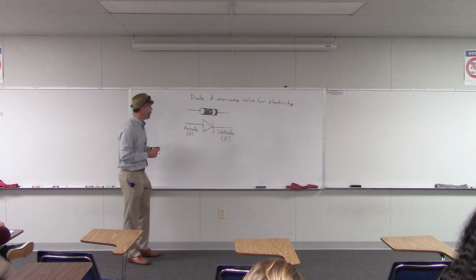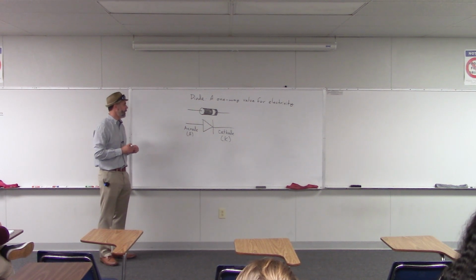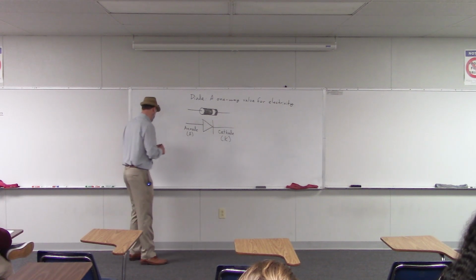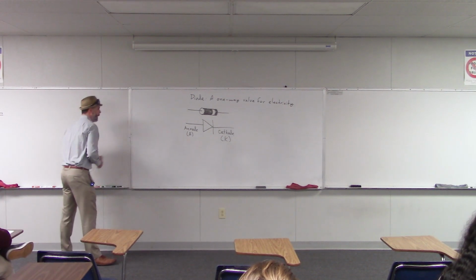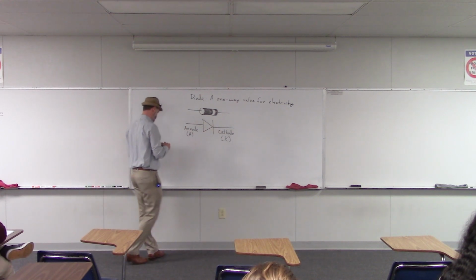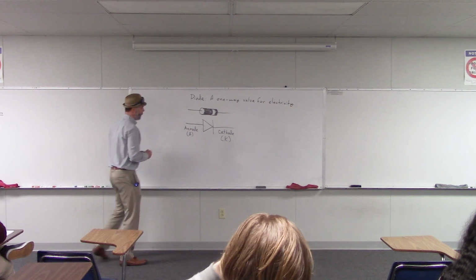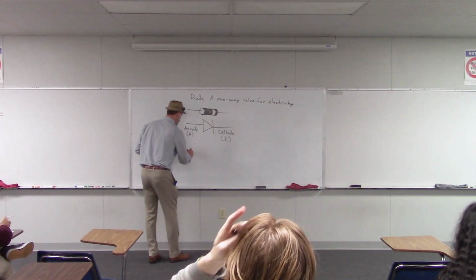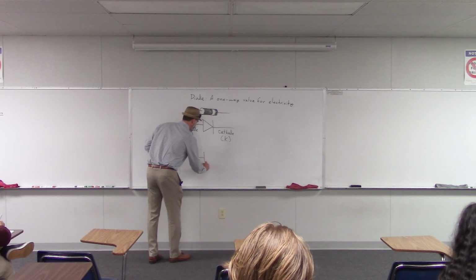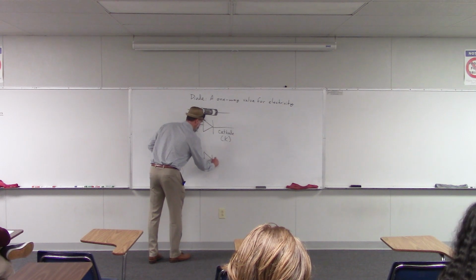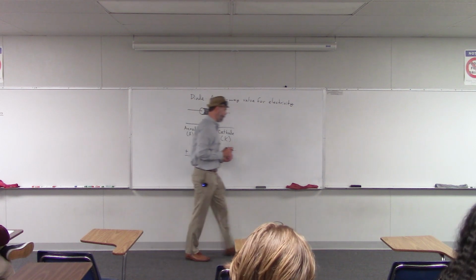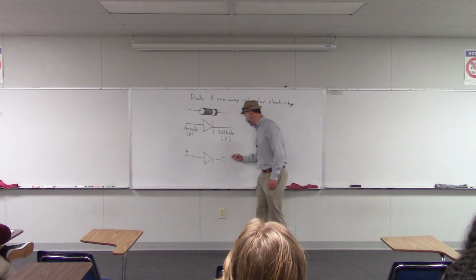And if you want electricity to flow, then you put a positive charge on the anode and a negative charge on the cathode. And when you do that, we say that this diode is forward biased.